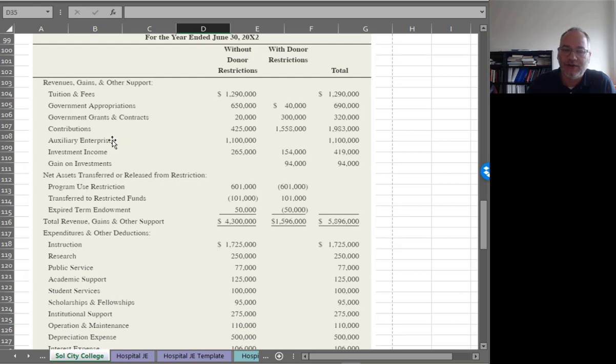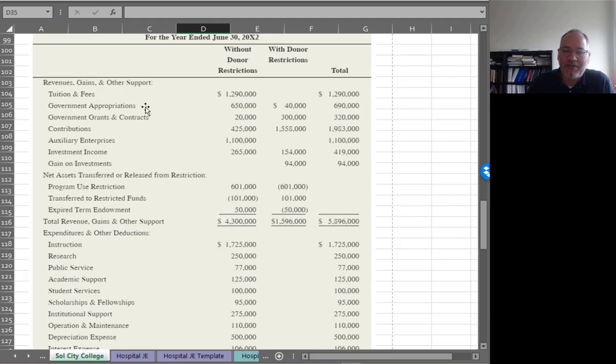Very important is auxiliary enterprise, because this is the other things they do to make money. So colleges, Seton Hall doesn't do so much of this, but for example, selling tickets at basketball games, it's not really tuition, you know.